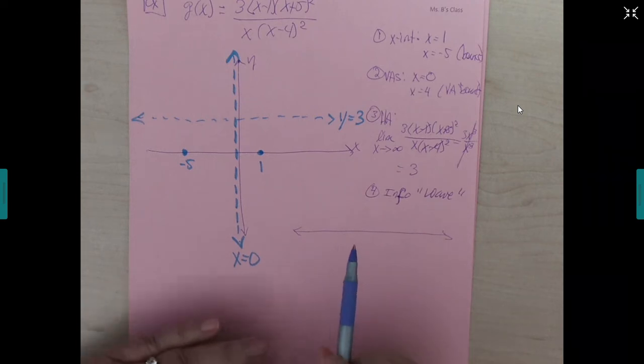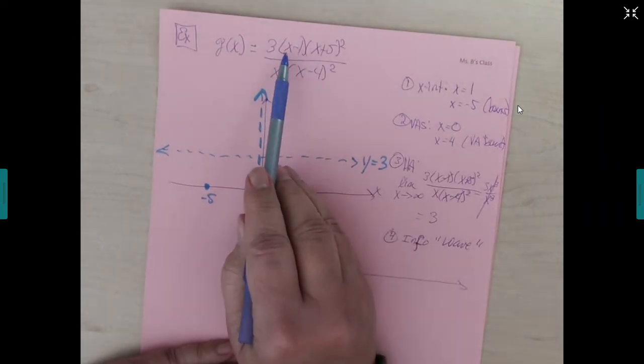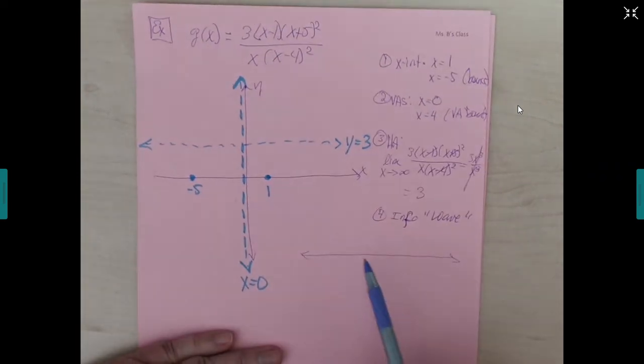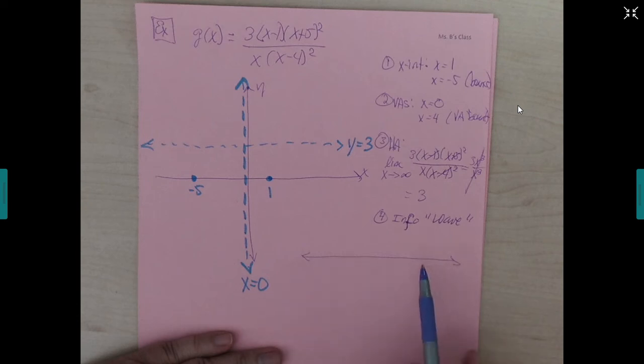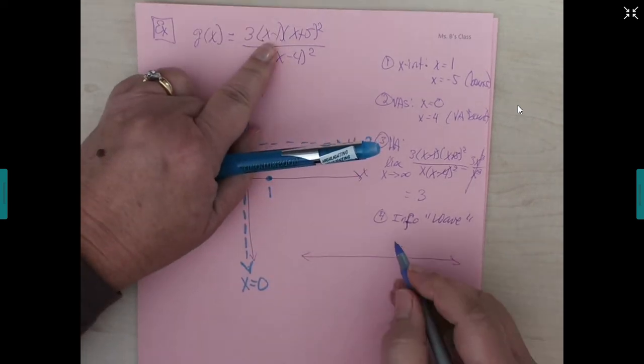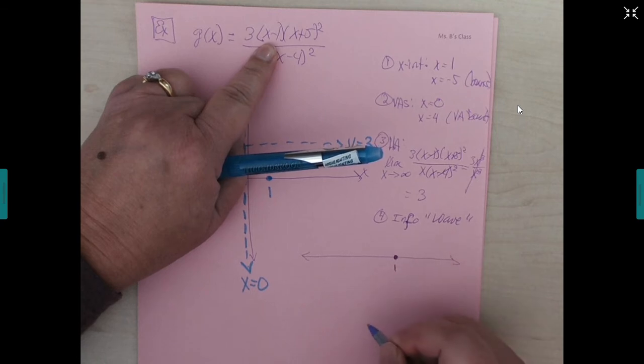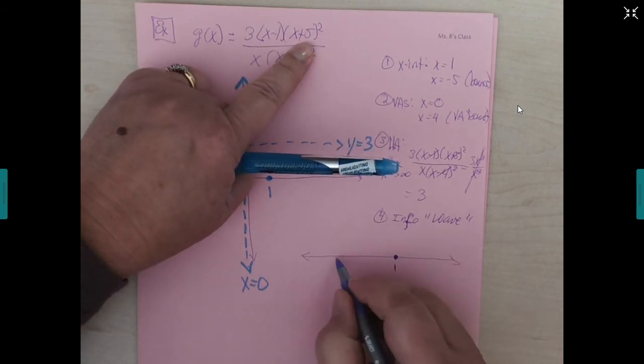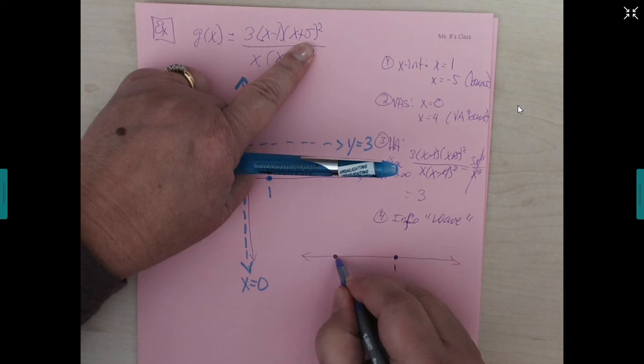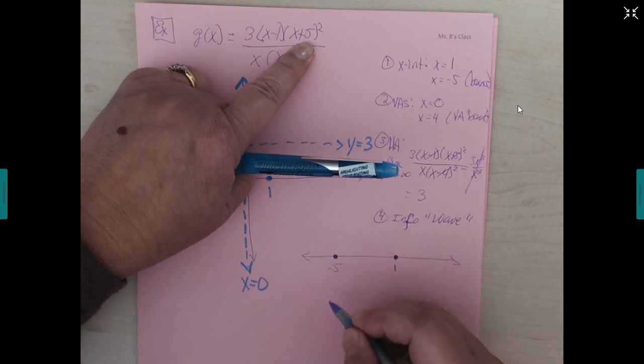Okay, so what you need to do is label your zeros and your verticals on this number line. All right, so there's a 0 at 1. Make it a dot like a 0. There's a 0 at -5. Make it a dot at -5.